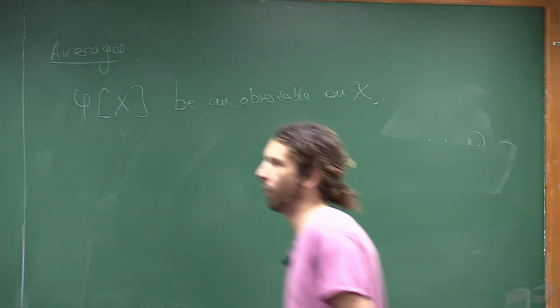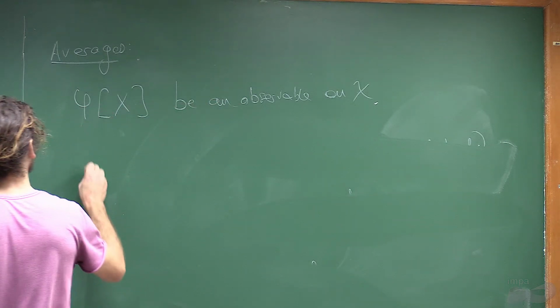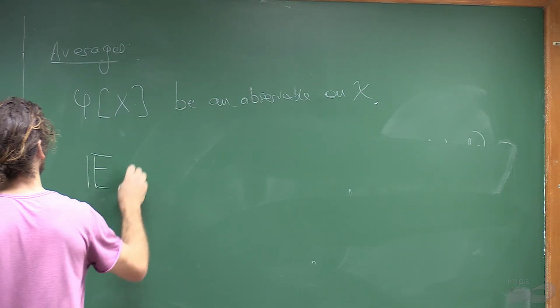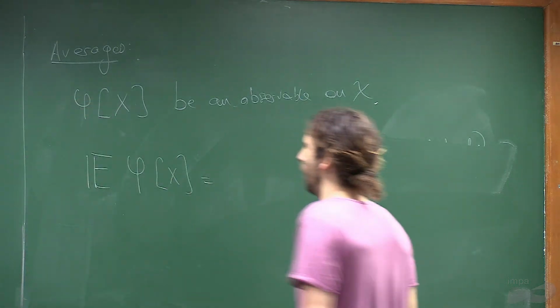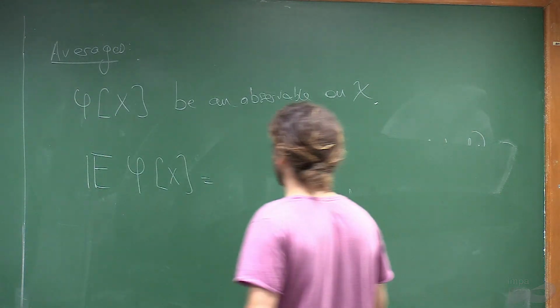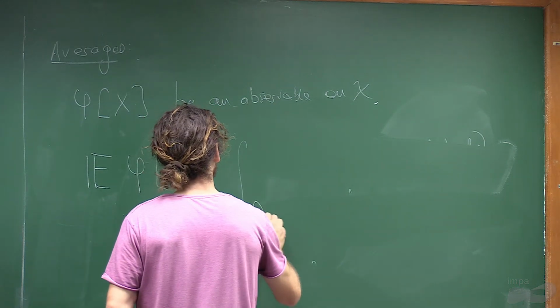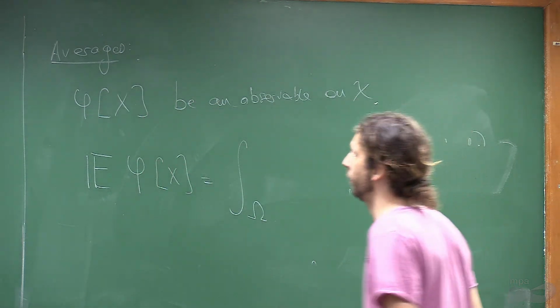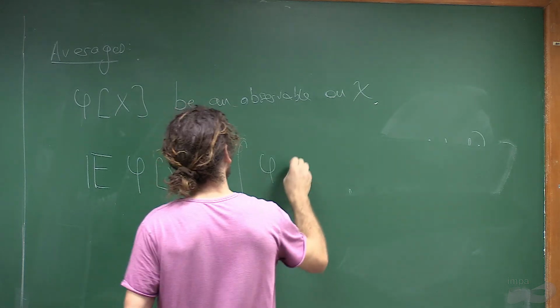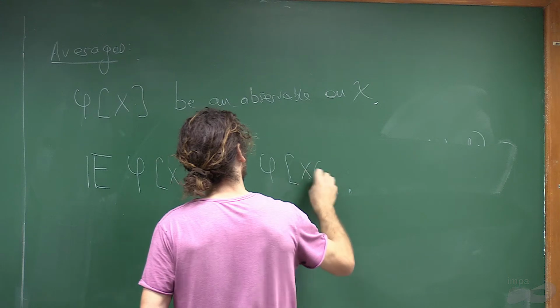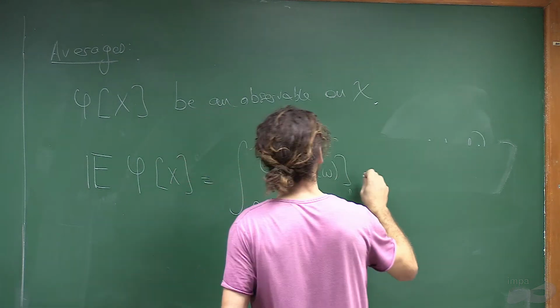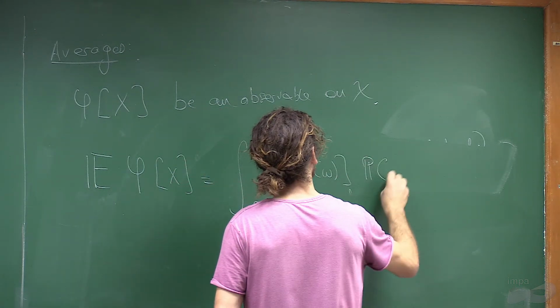The average of phi, well, you can write it in several ways. It can be an average over the original space, which will be the integral of phi of X of omega P of d omega.